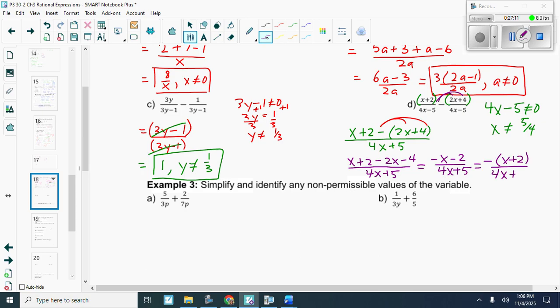Why do we do that? It's a math convention. We always want the number in front of x to be positive. So if there's a negative in front of it, we take the negative out and put it outside of the brackets. That's why we do it. And then here we would just write our restriction.